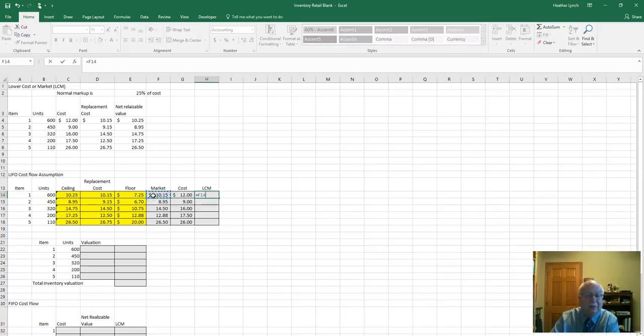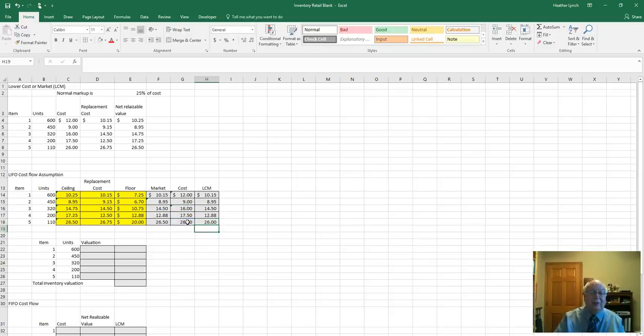So 10.15 is lower than 12. 8.95 is lower than 9. 14.50 is lower. 12.88 is lower, and the last one here is the 26. So that is my lower of cost to market that we'll be using.